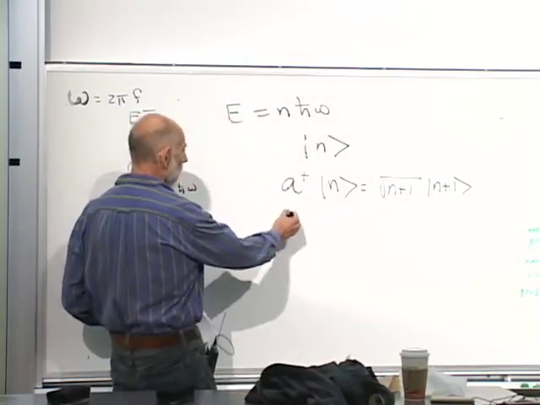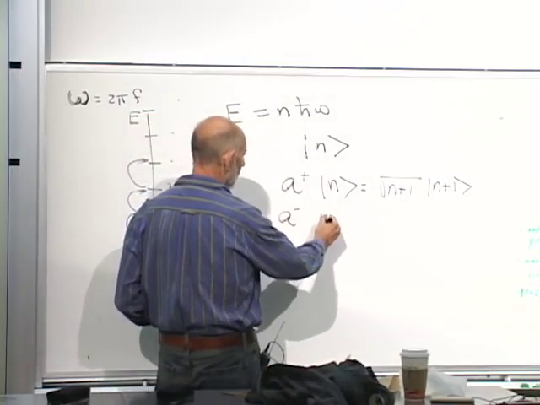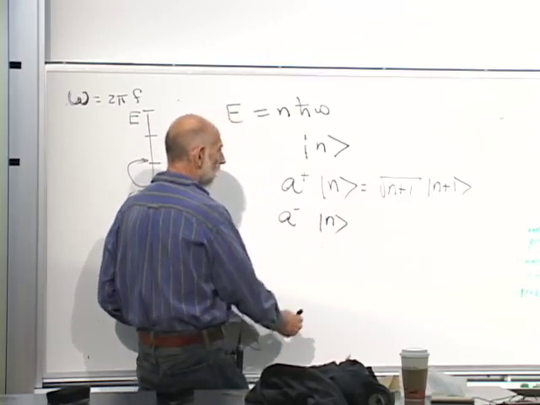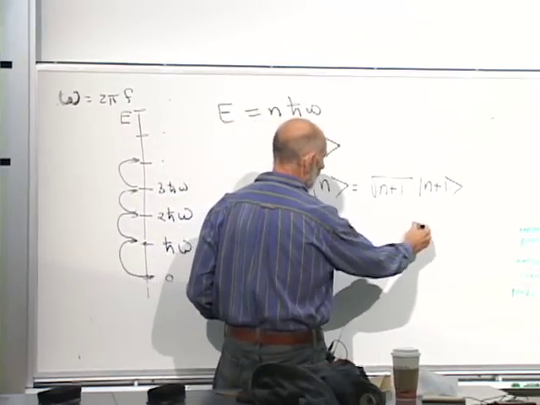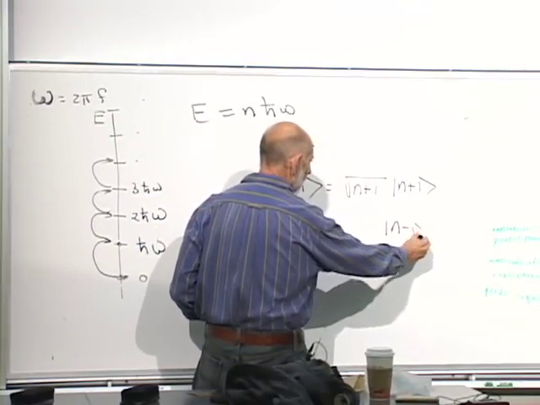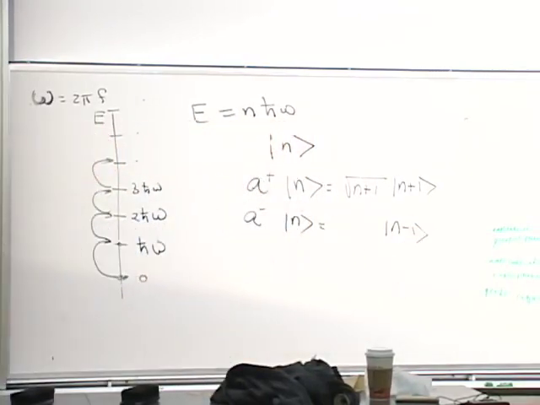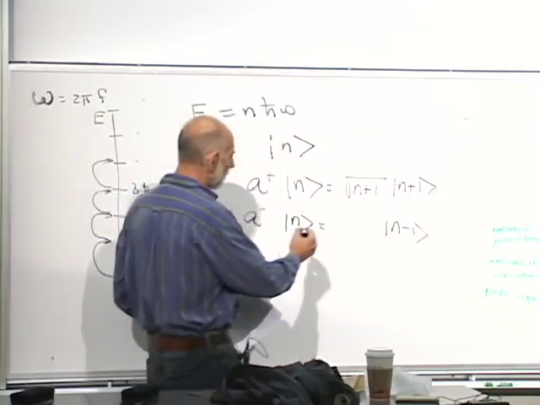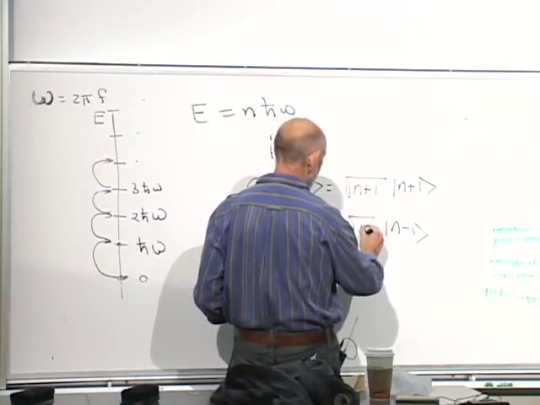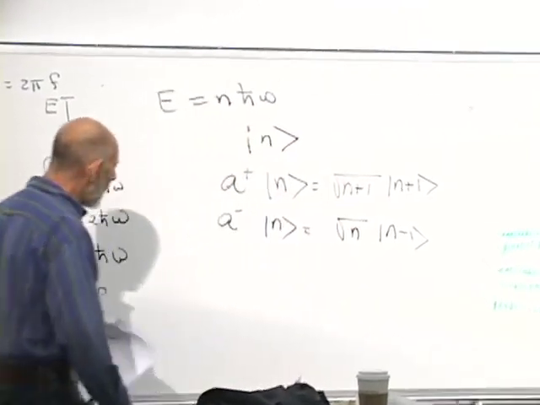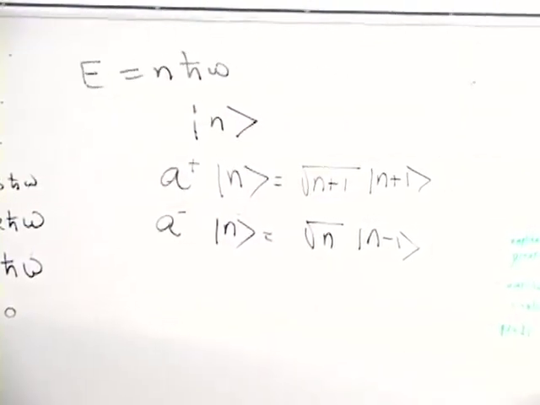What about a minus? What does it do? Takes you down, and minus 1, well, what's the coefficient? Square root of n. What happens if this one acts on the bottom state?